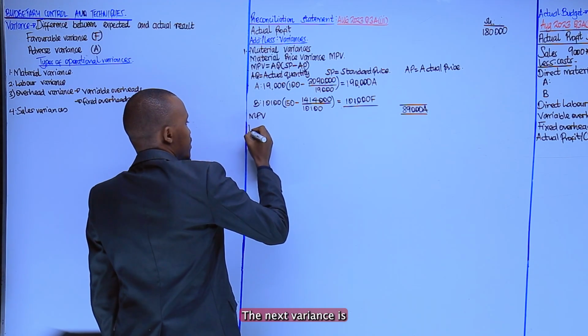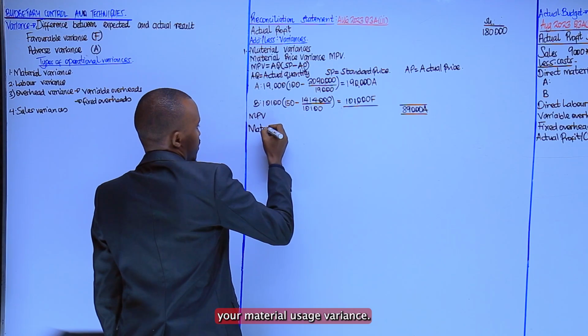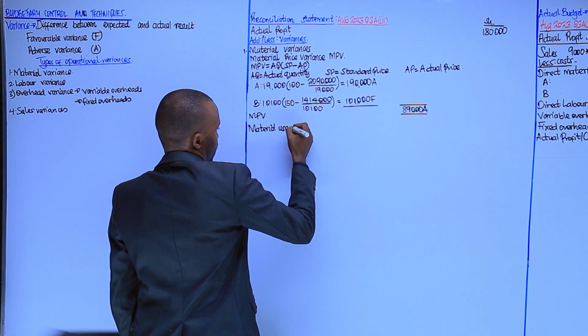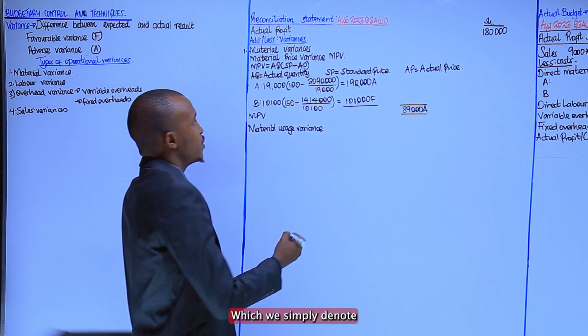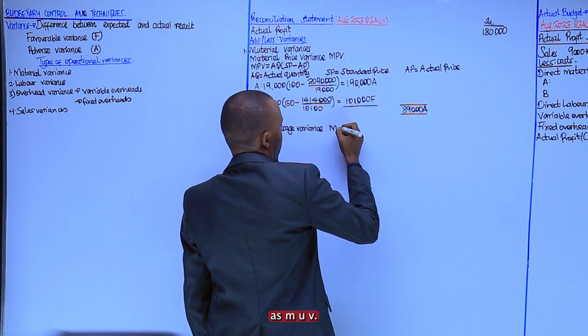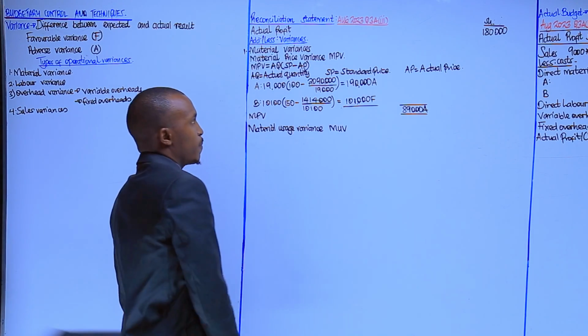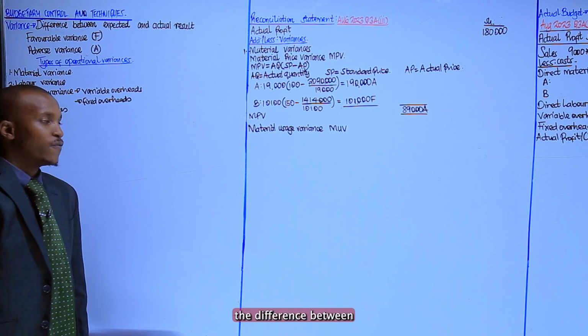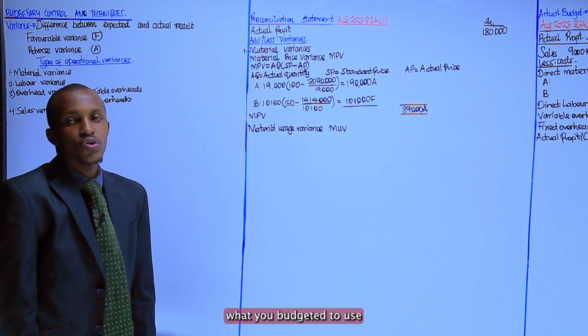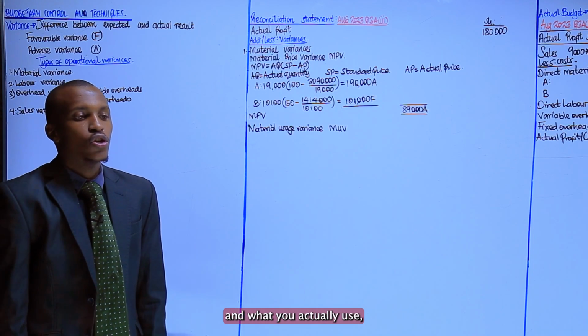The next variance is your material usage variance, which we simply denote as MUV. This is a variance that shows you the difference between what you budgeted to use and what you actually used.